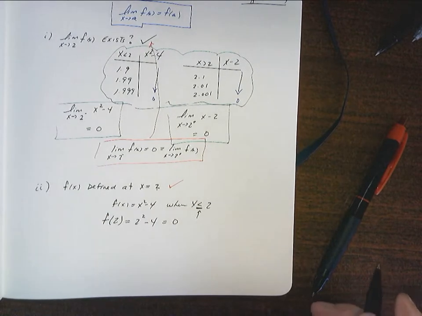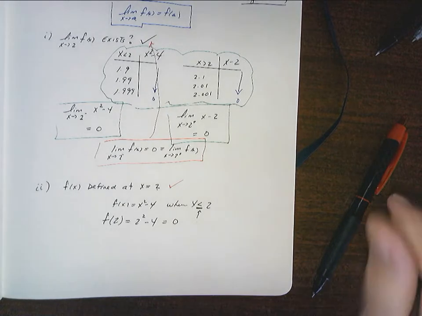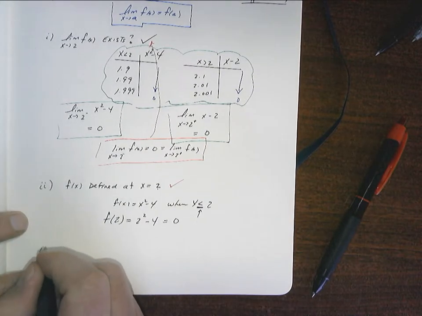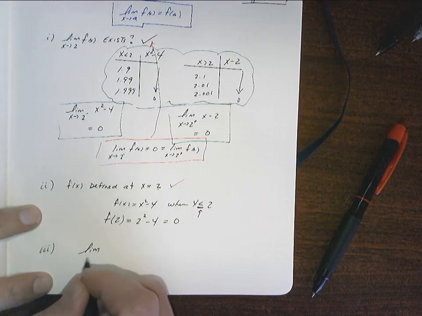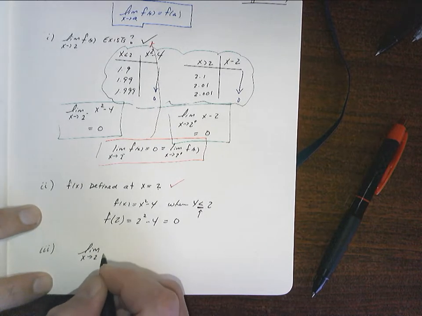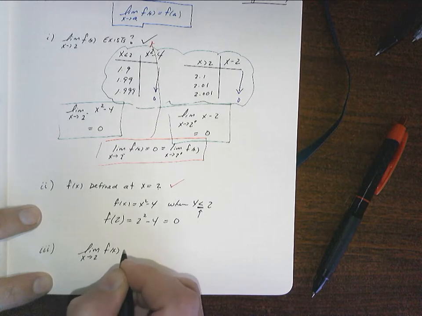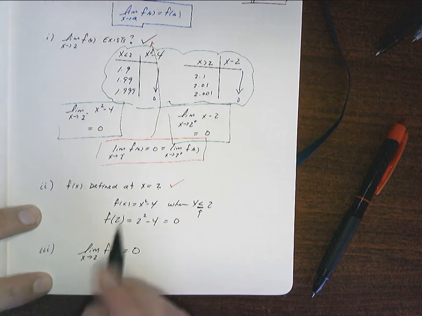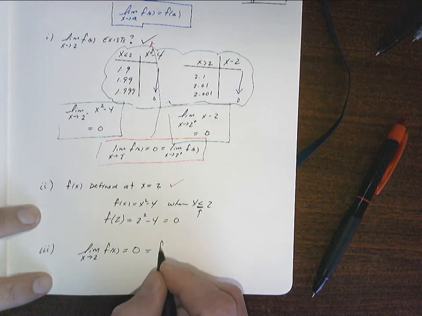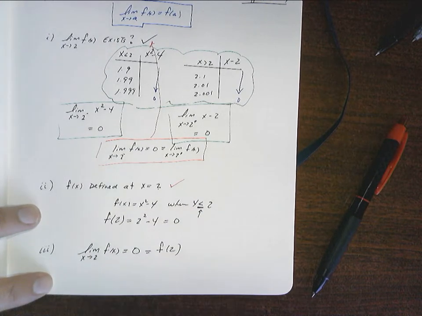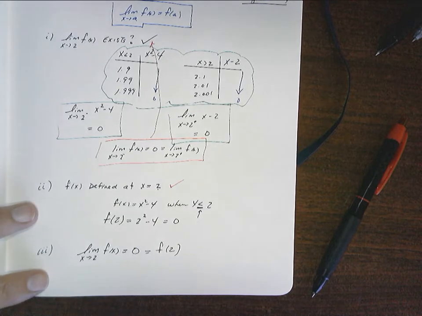So far so good. We've got the first condition for continuity. We've got the second condition for continuity. Gee, I wonder if we're going to get the third condition for continuity. The limit as x approaches 2 of f of x is equal to 0, and we know that from here. We found it. And that is also equal to f of 2. So guess what?